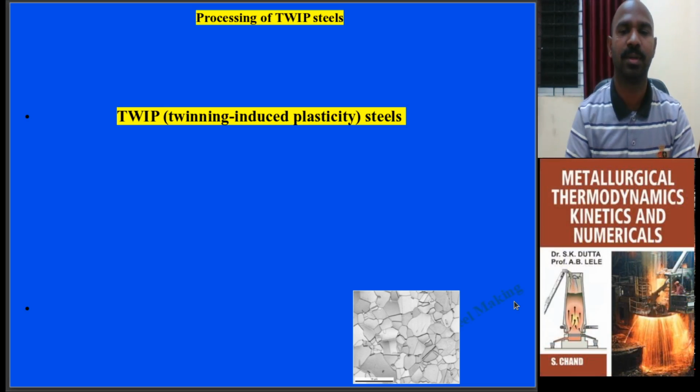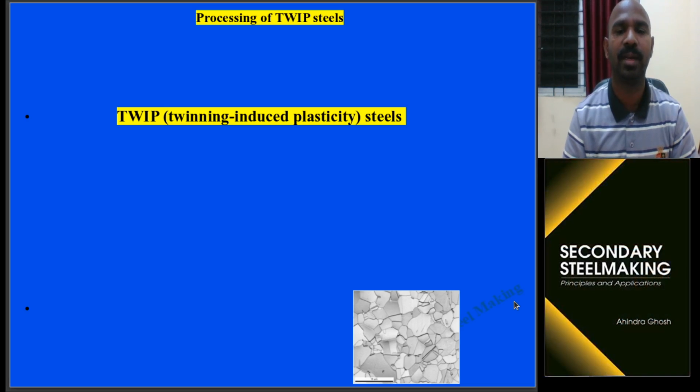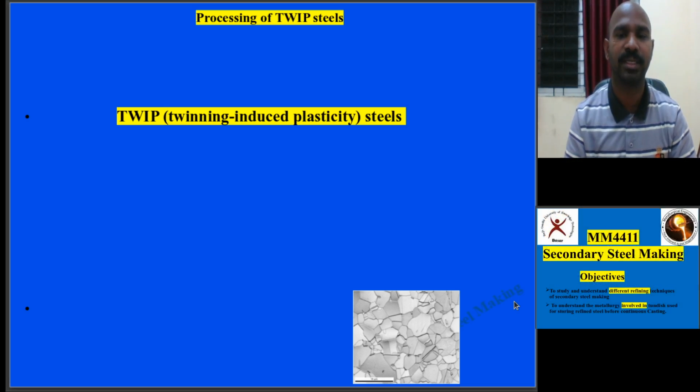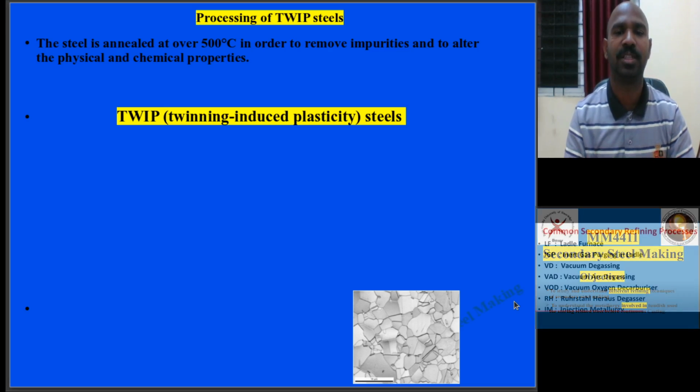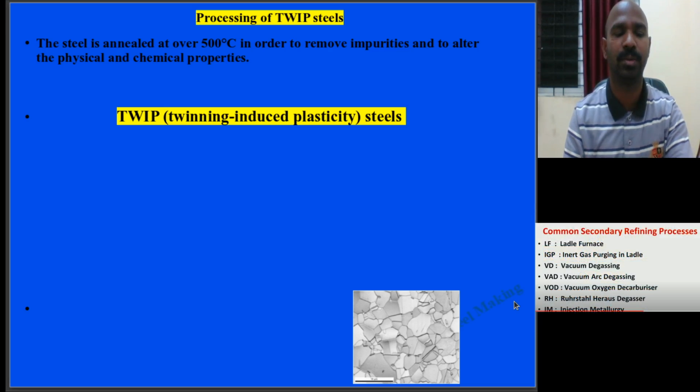Twinning induced plasticity. In the last steel, TRIP steel, there is phase transformation of retained austenite into martensite, whereas in this steel it is twinning induced plasticity. The twins are the main mechanism point. The initial intercritical temperature is around 750, and the steel is then annealed around 500 degrees Celsius.